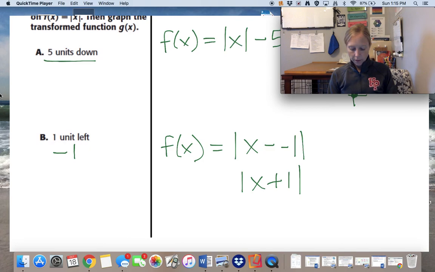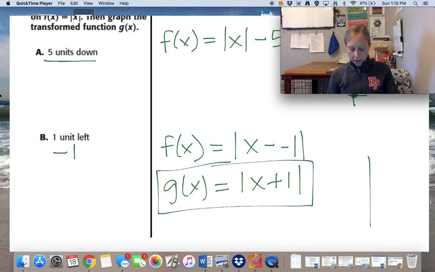So this is what my function will look like. When we write these new functions, we should actually be using g of x equals. And to graph the parent function that has moved 1 unit to the left, we just go 1 unit left of the origin and draw our function from there.